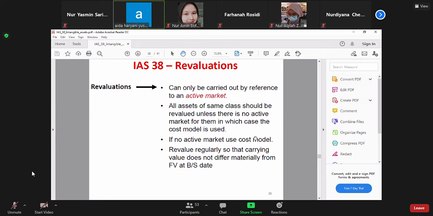Okay, the brand tu tak ada market value, then you use cost model. Okay, so revalue carrying value, you kena tengok dekat fair value of the balance sheet date. Selalunya dalam intangibles ni kebanyakannya tak adalah revaluation because it is very difficult to get the active market then.